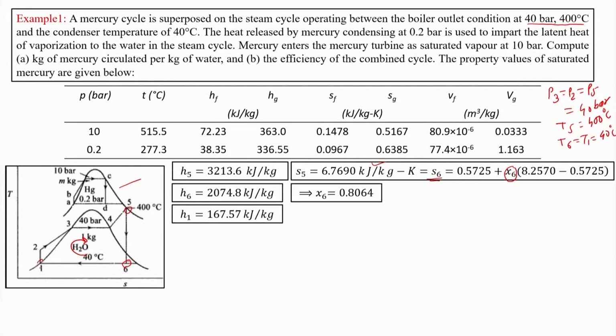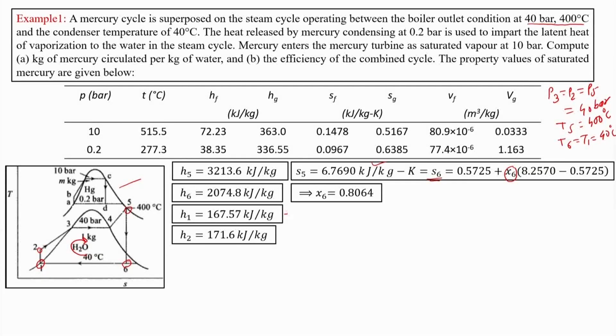Then we also know H1. H1 is equal to 167.57. We also know H2. Here we are adding the pump work to H1.